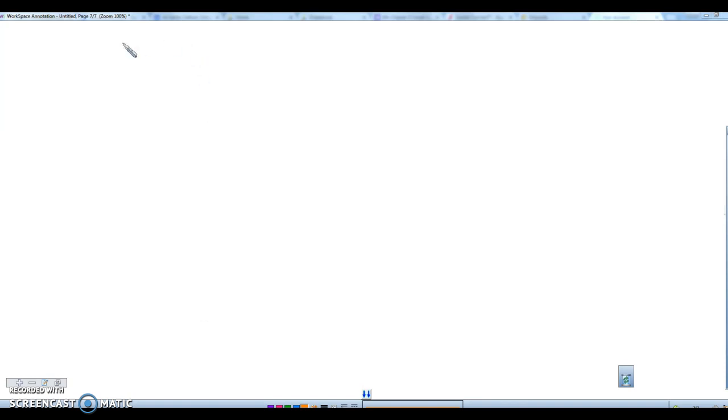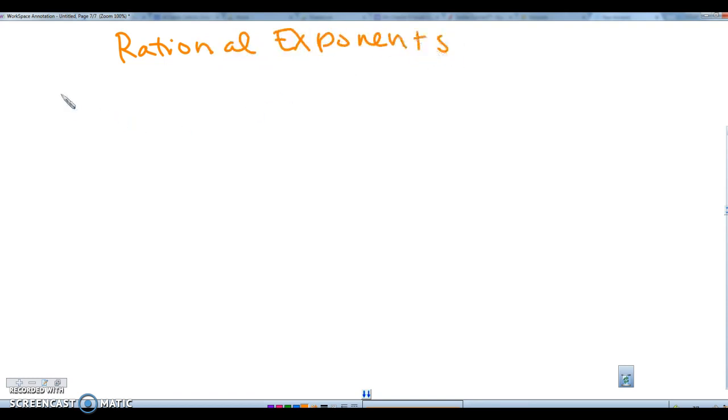Our last bit of thing, and this might be the newest stuff, is rational exponents. So for example, if I have 25 to the 1/2 power, 1/2 just means that I put it in a square root, where this is a 2 out front.